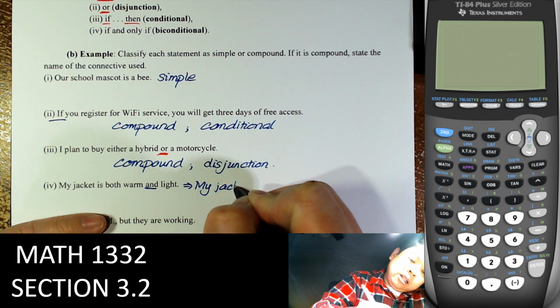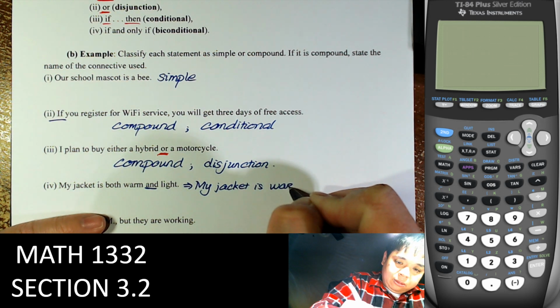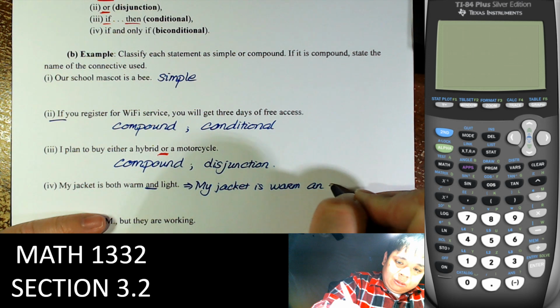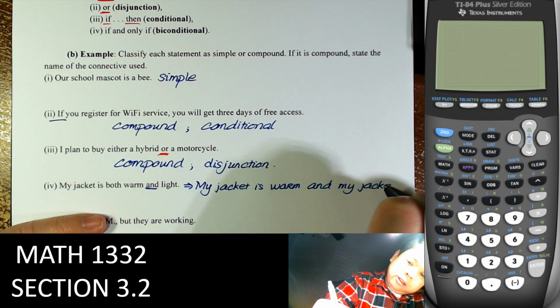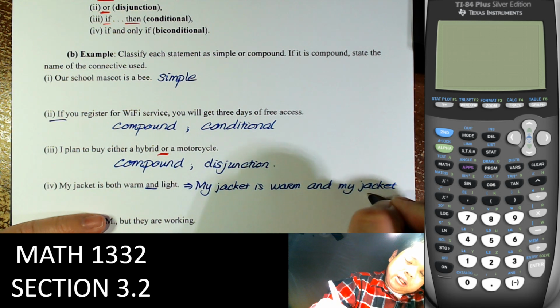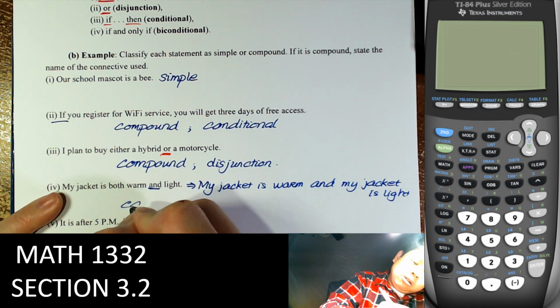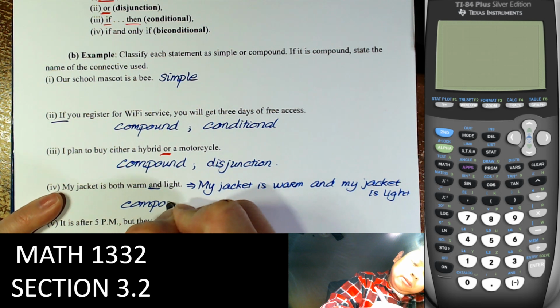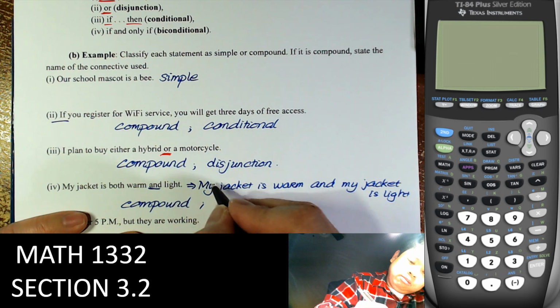My jacket is warm and my jacket is light. And that is a compound statement, and it is a conjunction.